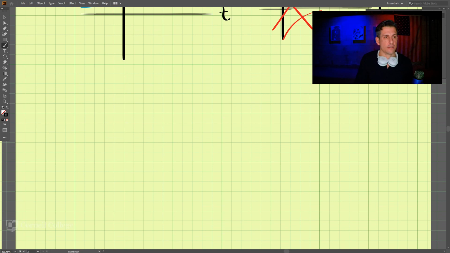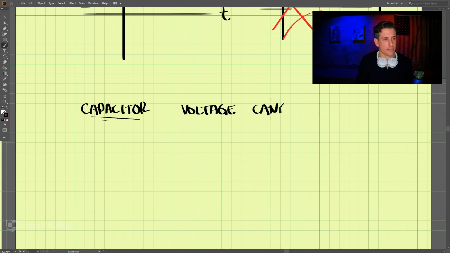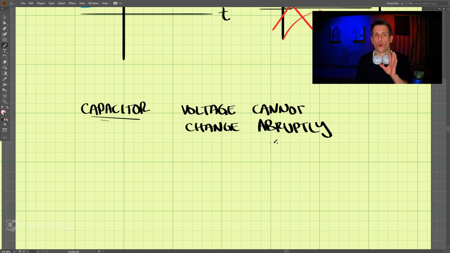So to summarize, for a capacitor, voltage cannot change abruptly, meaning quickly or fast.